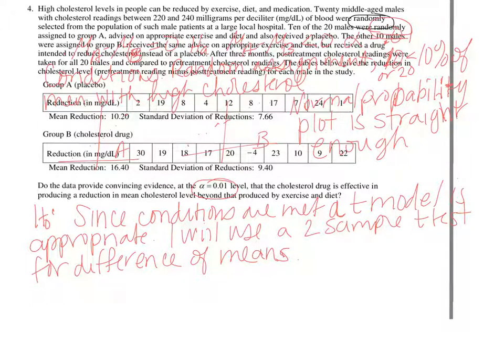So my t-score is going to be my 10.20. That's the mean up here. Okay, let me clear up some of this space. I apologize.